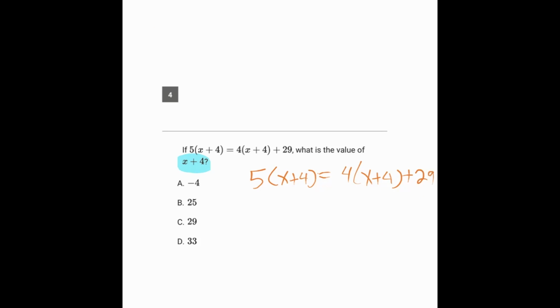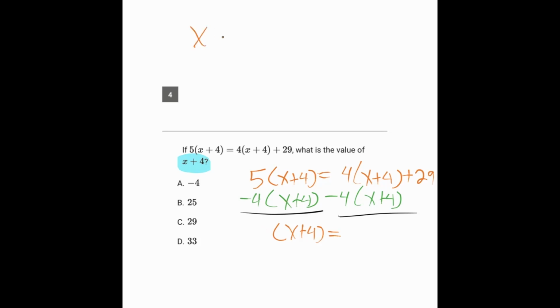So one way to think about this is let's take away these 4 x plus 4s from both sides. And right now on the left-hand side, we'll have 1 of these x plus 4s. And often in math, when there's a 1 in front of something, you just don't write it. For instance, x is really 1x, but we don't write the 1. So x plus 4 is the same as 29, and that's what they were asking us for.